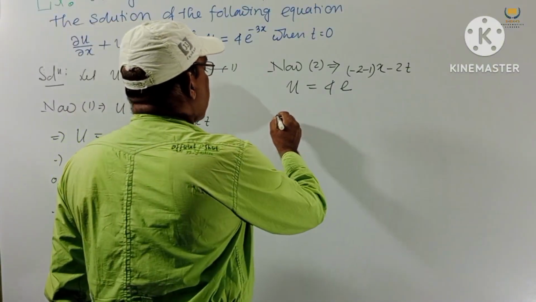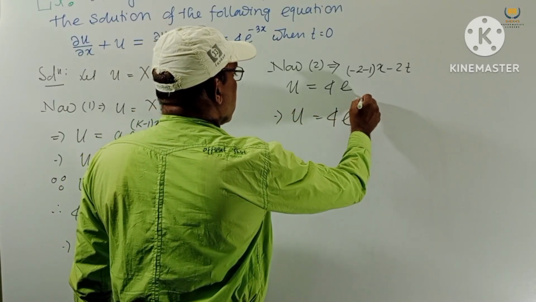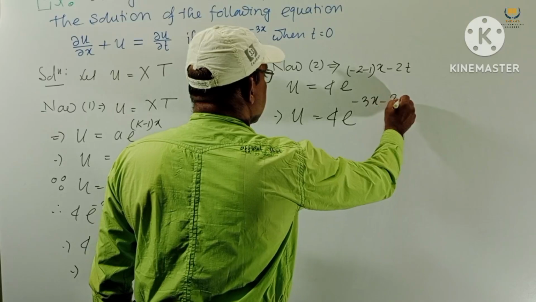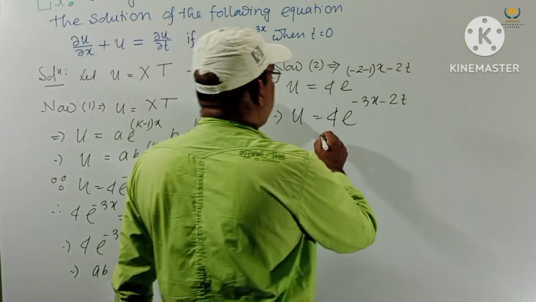So this implies u = 4e^(-3x - 2t). So this is our final answer.